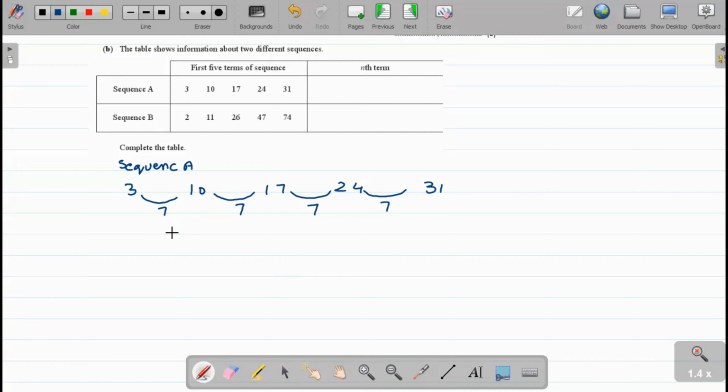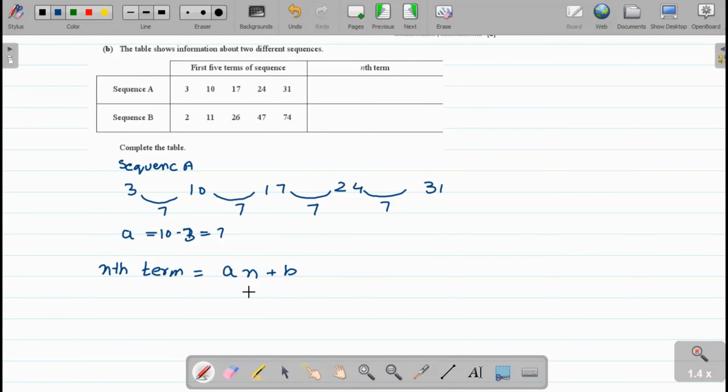In a linear sequence, the nth term will be equal to an plus b. Now the value of a is the difference between two terms. 10 minus 3 is a, and that is equal to 7.